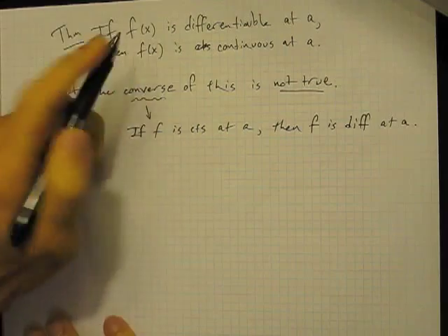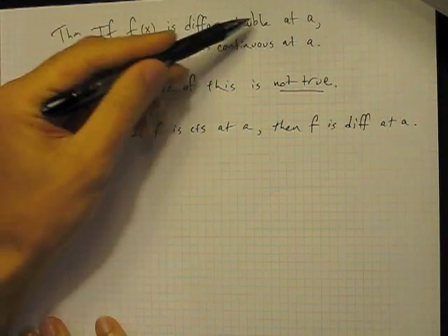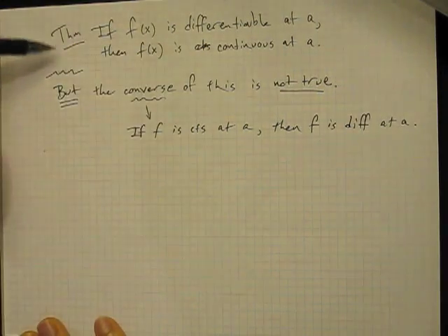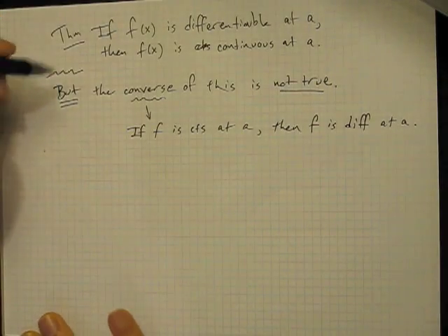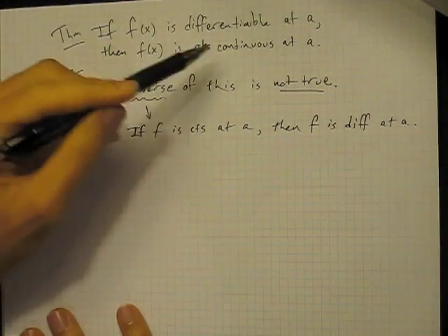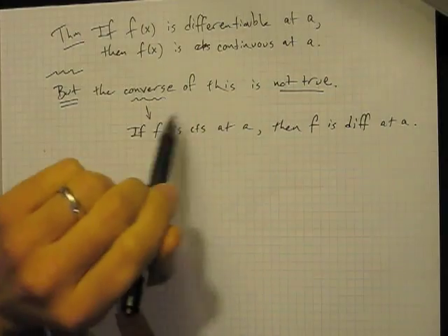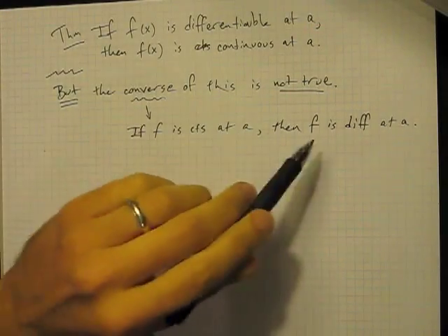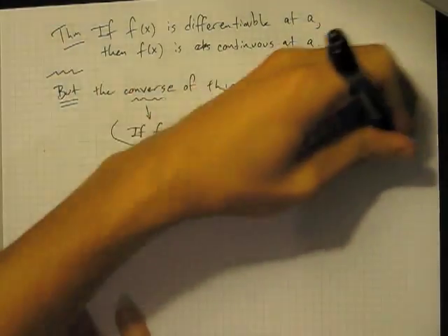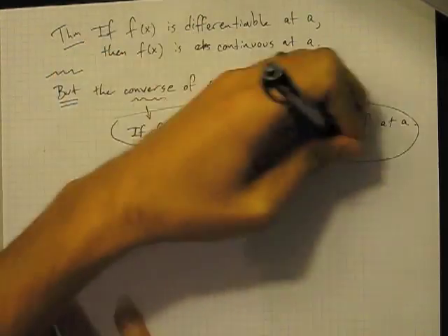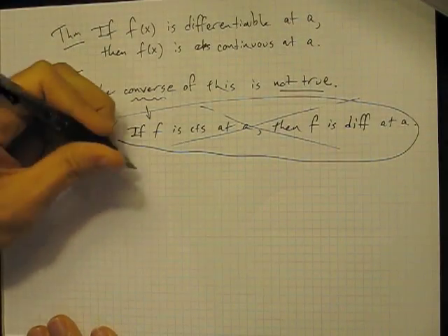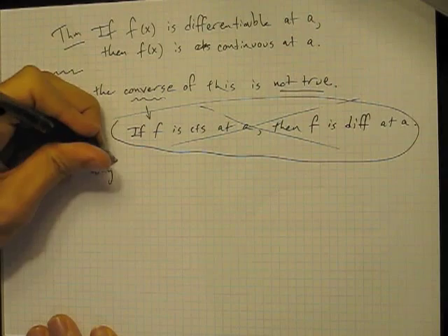Notice how we flip these. If f is differentiable at a, then f is continuous at a. That's a true statement always. The converse is the other direction, the assumption that if it's continuous at a, then it's differentiable at a, but this is not true.